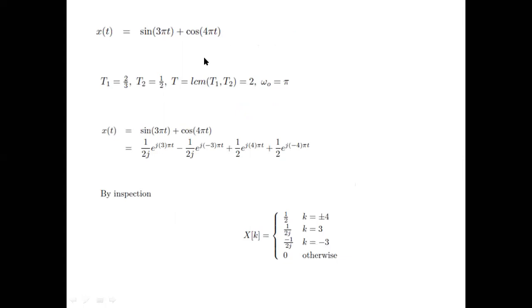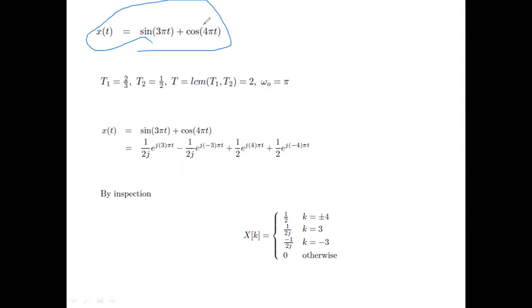Now somebody tell me, in this particular question, how many frequencies are there? Sine 3 pi t, cos 4 pi t. There are two waves, right?